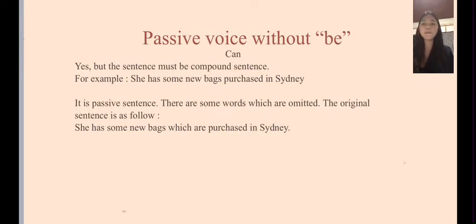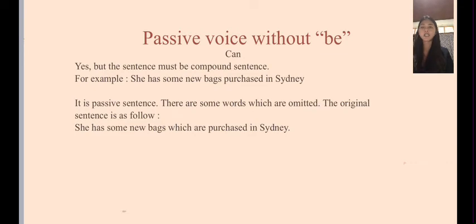She has some new bags which are purchased in Sydney. And in the original, there is be like which are, and if we make passive voice without be, it becomes she has some new bags purchased in Sydney.